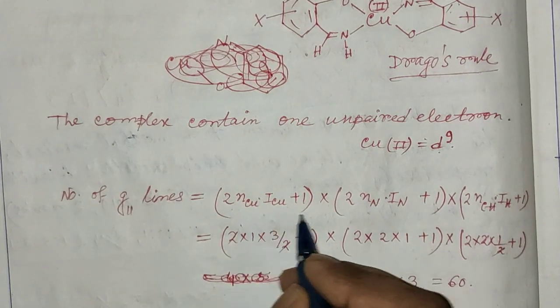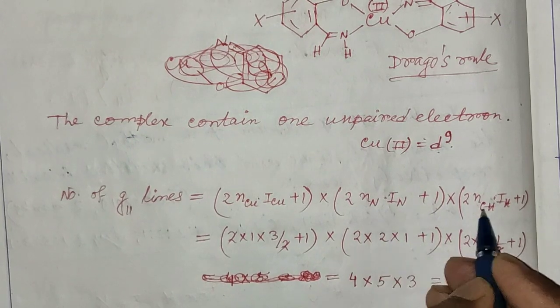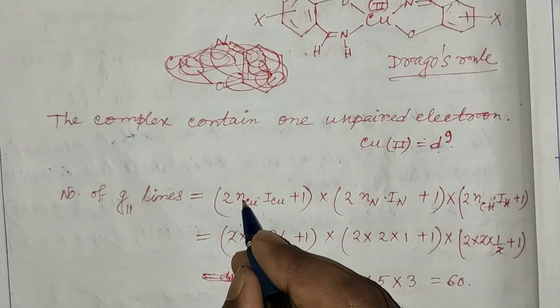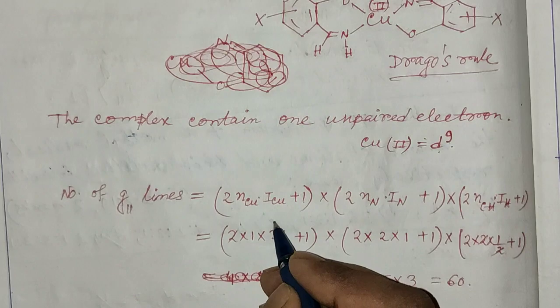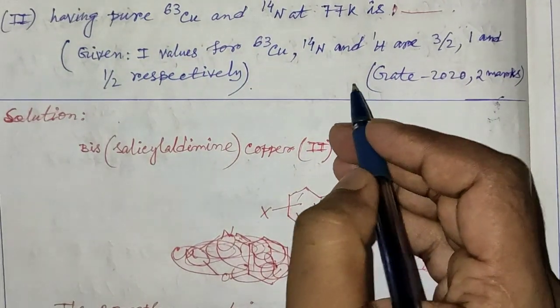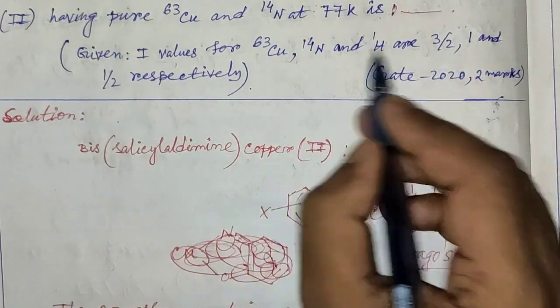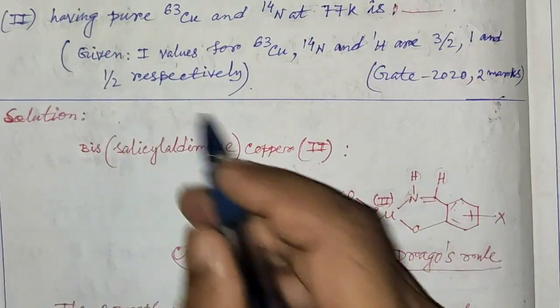If we put the values for these different parameters, we can see that the number of copper is 1, the I value for copper is 3/2, the I value for nitrogen is 1, and the I value for hydrogen is 1/2.